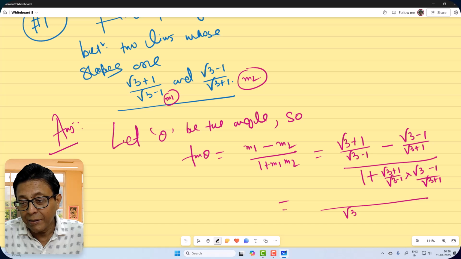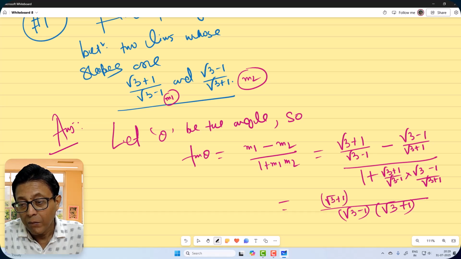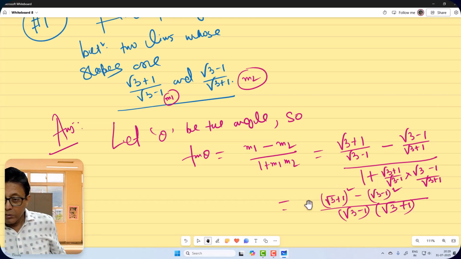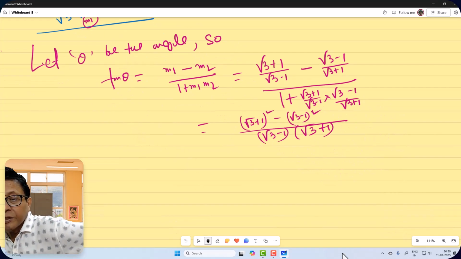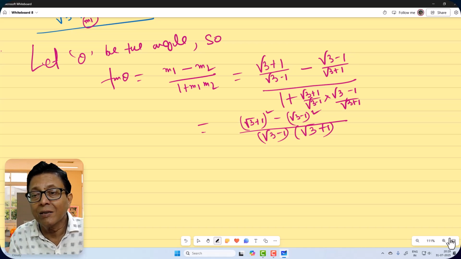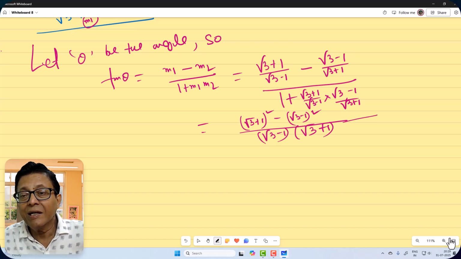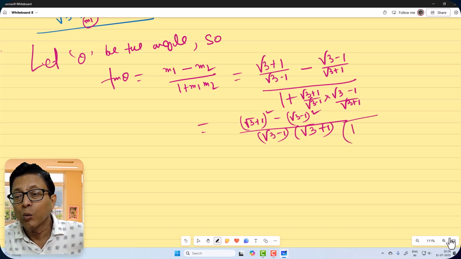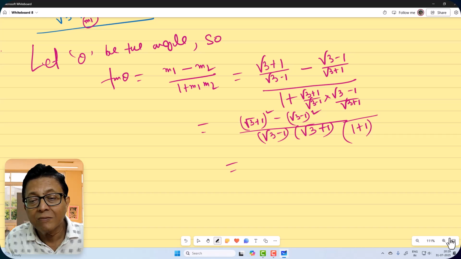LCM will be root 3 minus 1 whole square, and here it will be 1 plus 1.